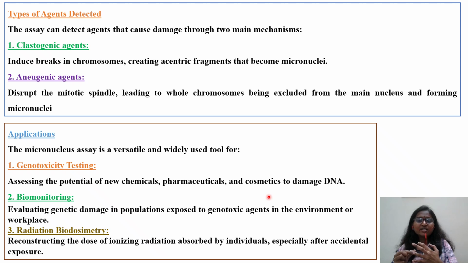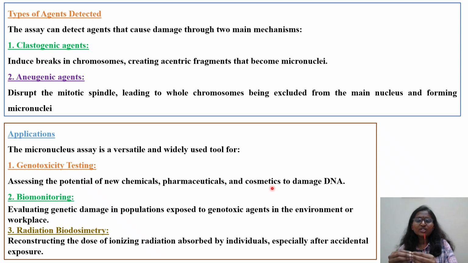The preliminary screening of any chemical that has the potential to develop as an agrochemical or pesticide, or a chemical which can be developed as a pharmaceutical, where the end user will be either human or veterinary animal, and cosmetics. As we know, there is almost a complete ban on animal testing for cosmetics.